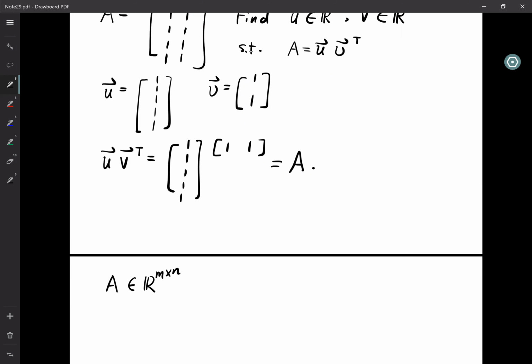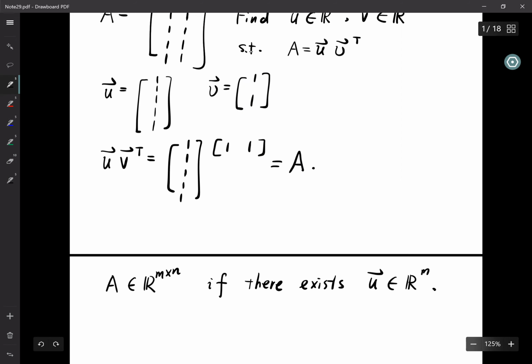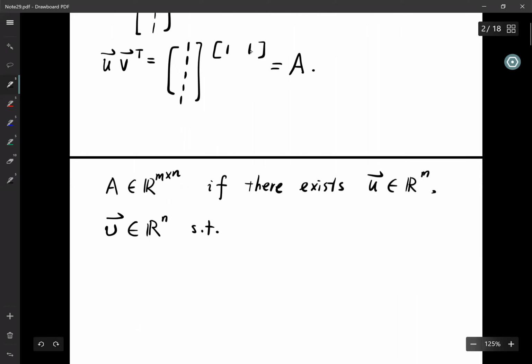If there exist U in R^m and V in R^n such that A is equal to UV transpose, then A is a rank 1 matrix.